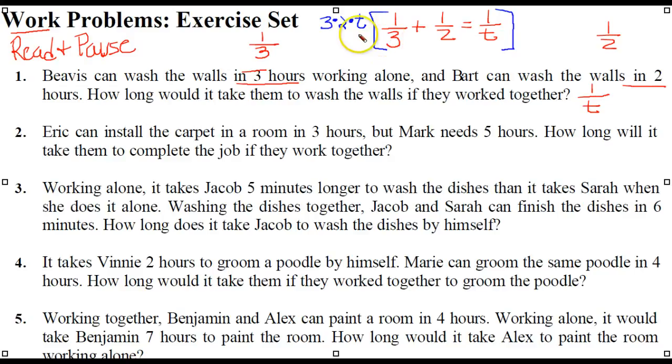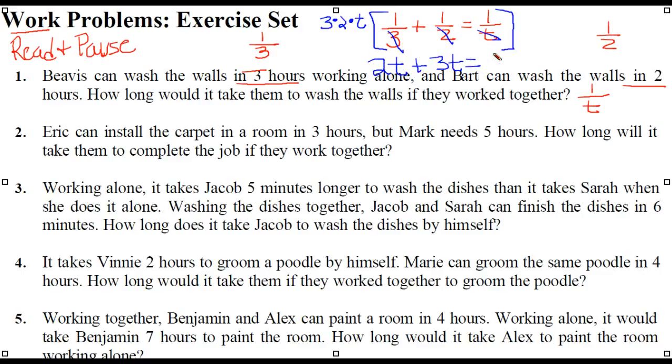So, I've written it once, but I'm going to multiply each term by this. So here the 3 would cancel out, and what I'm left with is 2t. Now here the 2 cancels out, and I'm left with 3t. Now here the t cancels out, and I'm left with 6.